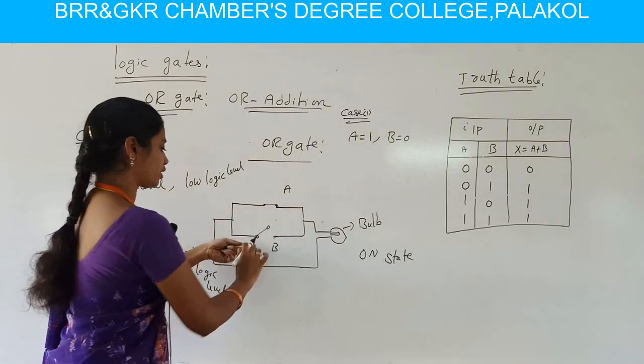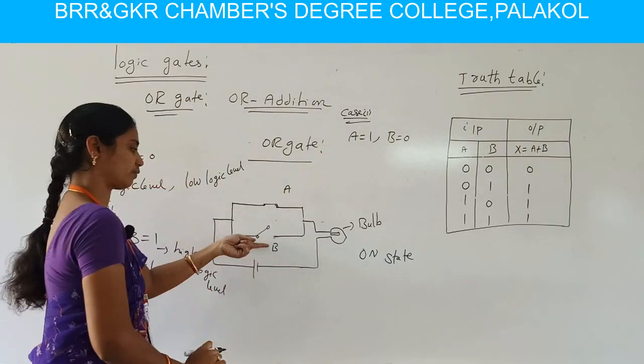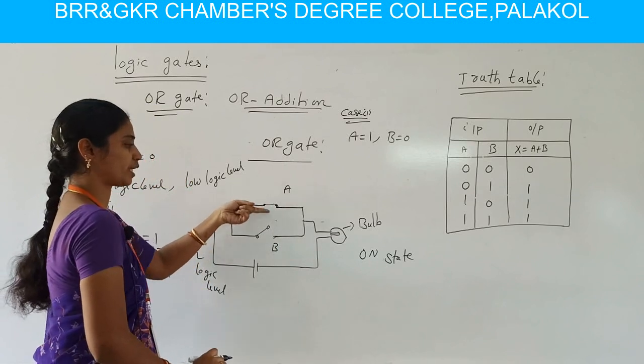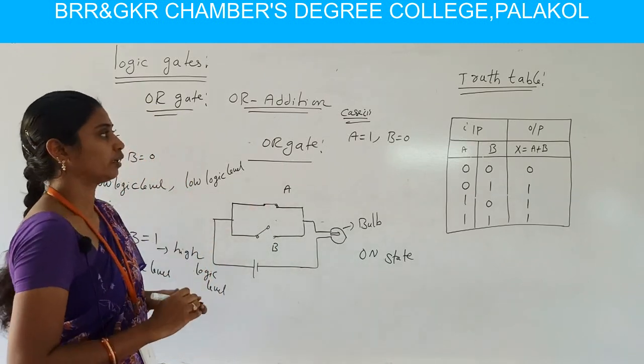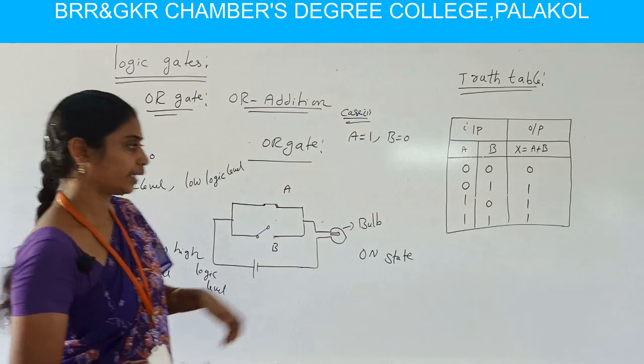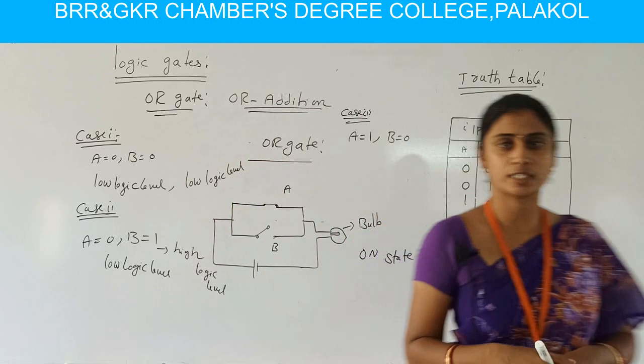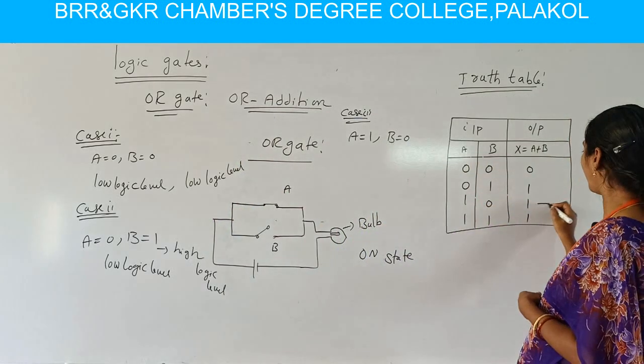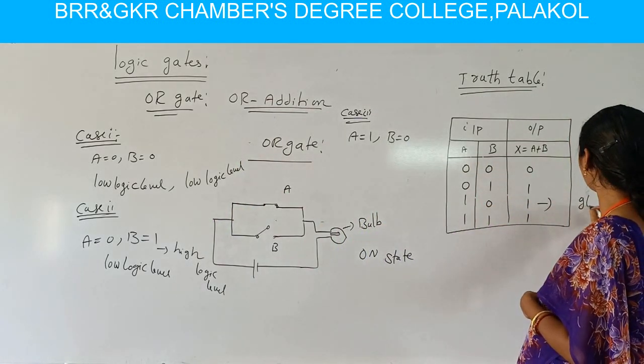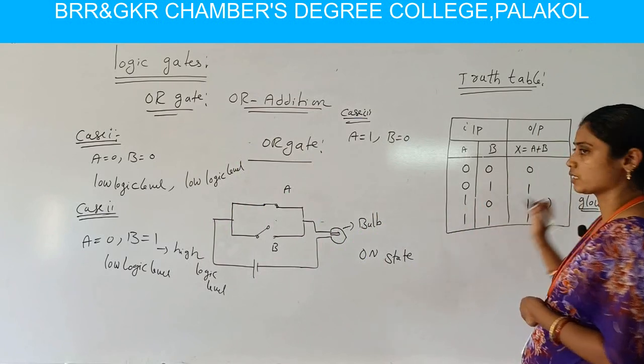Hence no current flows through switch B and current only flows through switch A. Then we have the binary addition operation, and in case 3 also the output is high logic level. It means the bulb glows. In the third case also the bulb glows.